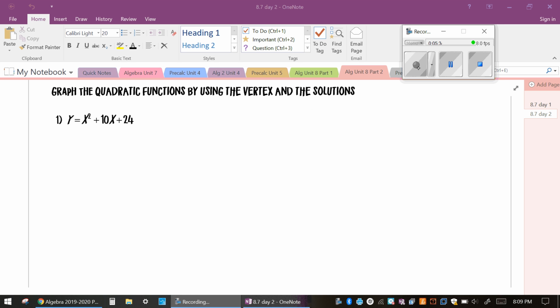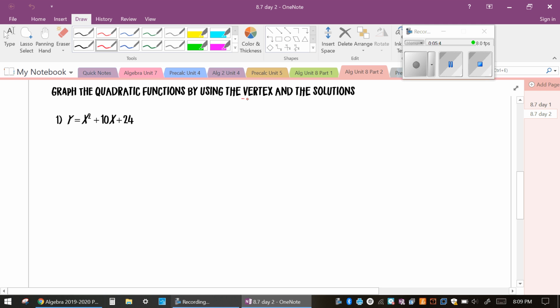Number 1. Graph the quadratic functions by using the vertex and the solutions. Remember that the vertex is a two-step process. It's got an x value and a y value. To find the x value, you're going to take the opposite of b and divide it by 2 times a.